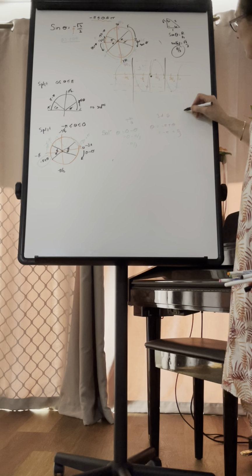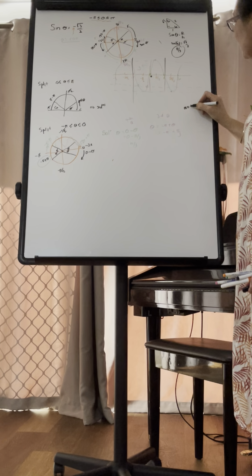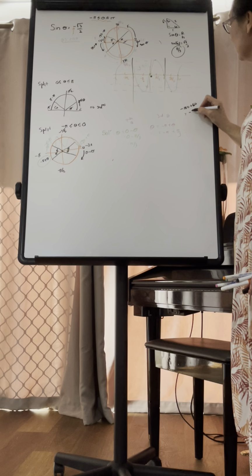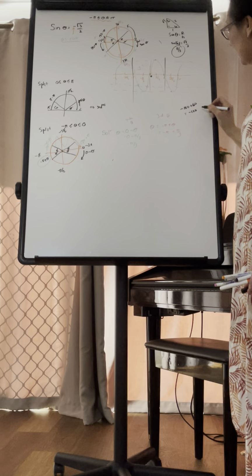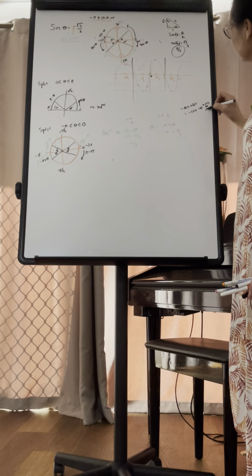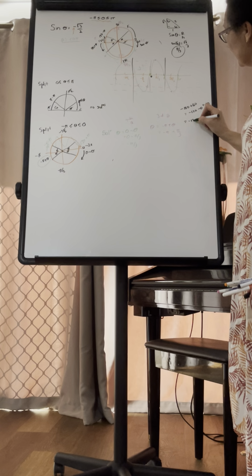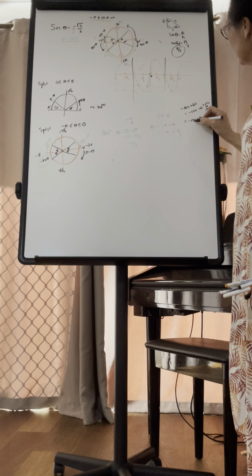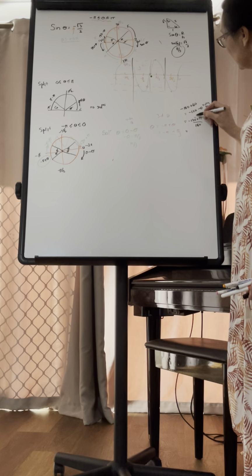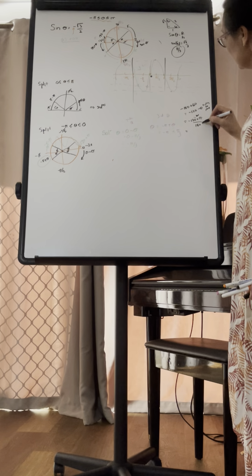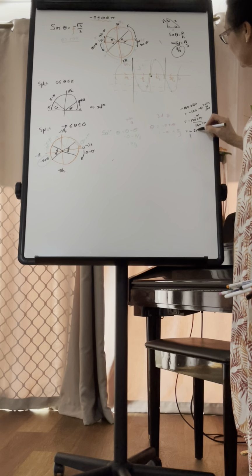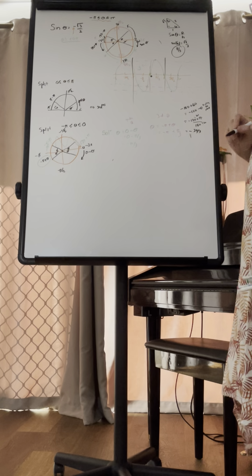You can say it's the same as minus 180 plus 60, which equals minus 120. And then you can turn to radians by doing 120 times pi over 180, and we can divide by 60, and you get minus 2 pi over 3.